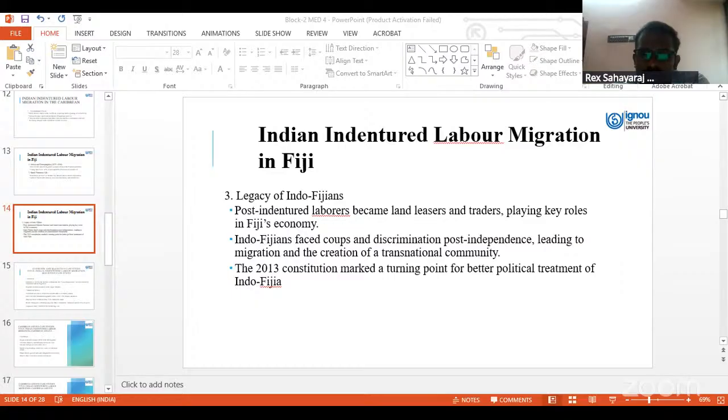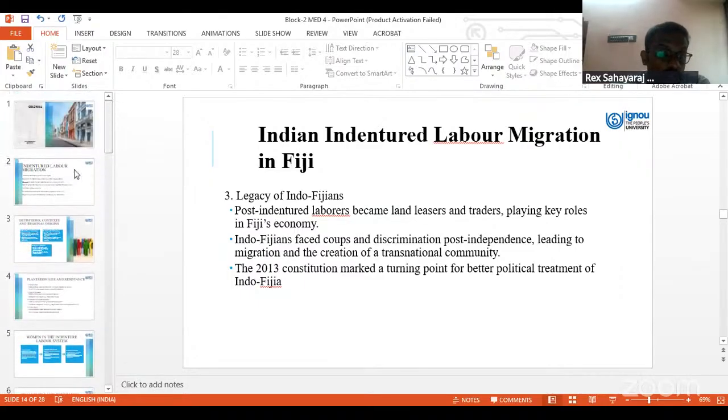When you see this situation from the colonial period that we have discussed so far for an hour, we understand how the people in the colonial period migrated and what their condition was, and how even in those conditions they were able to bring a kind of identity for the Indian labor, by contributing to the economy as a whole.